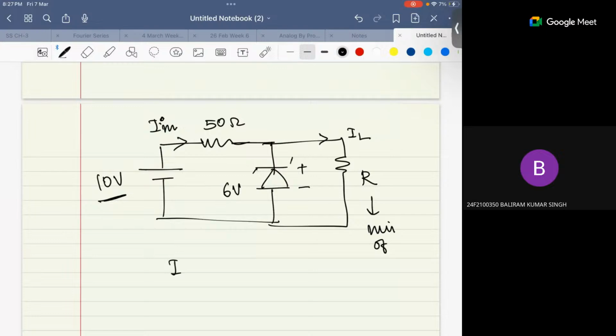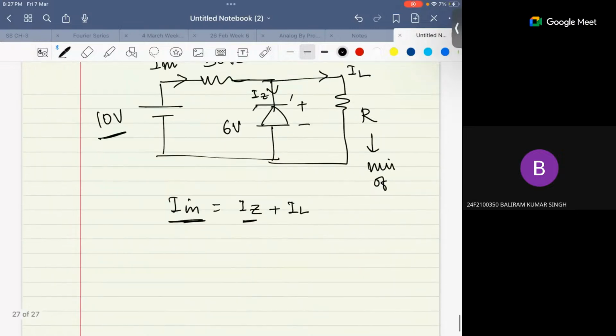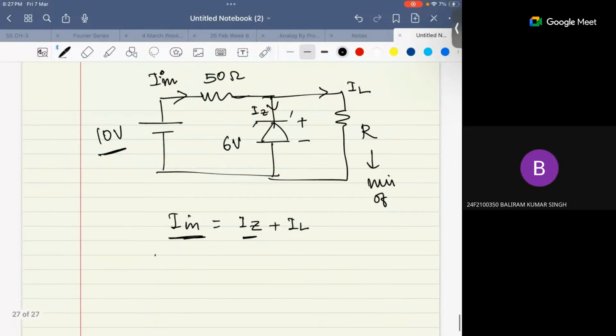I in Zener diode, plus this IG, plus IL. This I input is fixed. What is the I input? 10 minus 6 upon 50. If this is minimum, this will be maximum. If this is maximum, this will be minimum. Correct?